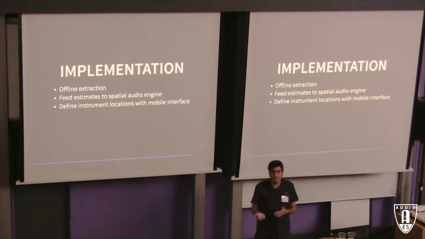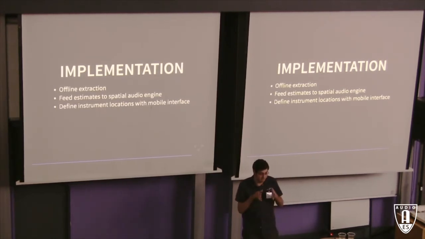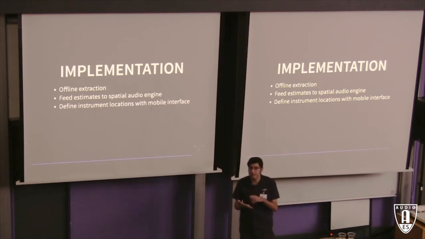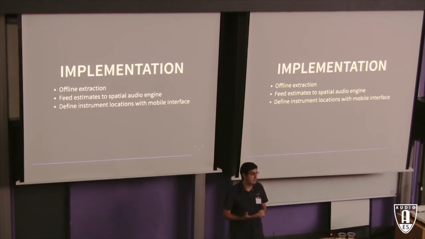Then in the listening session, we play these in sync. We plug them into the spatialization engine, and then we use a mobile interface to tell it where in space each instrument will be. The space, in this case, we mapped into a kind of 2D plane in front of you.